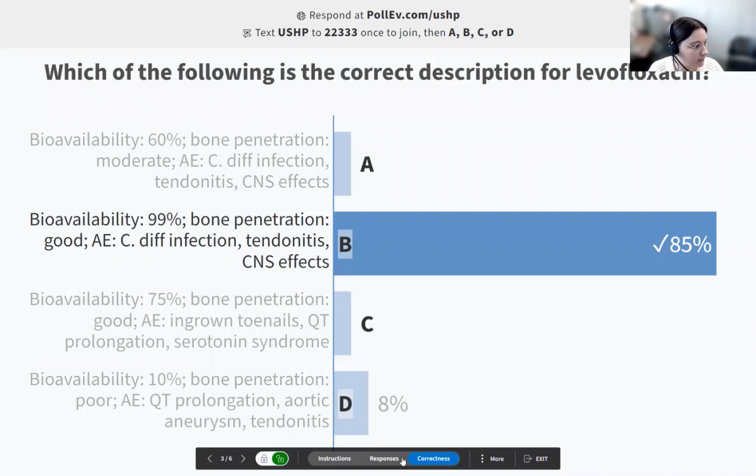C is incorrect, mainly because of the bioavailability, and it does not cause ingrown toenails or serotonin syndrome. And D is not correct due to the bioavailability being much higher in levofloxacin and the bone penetration is good. But those adverse events are ones that you can watch out for.